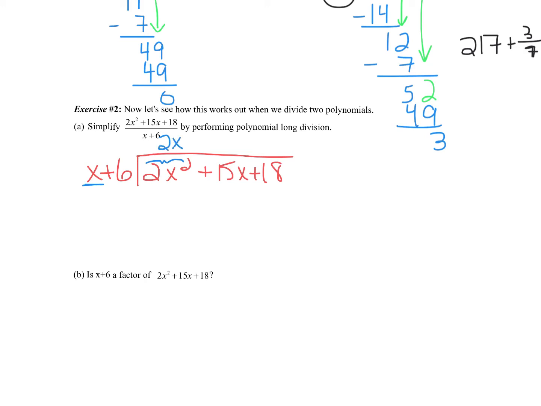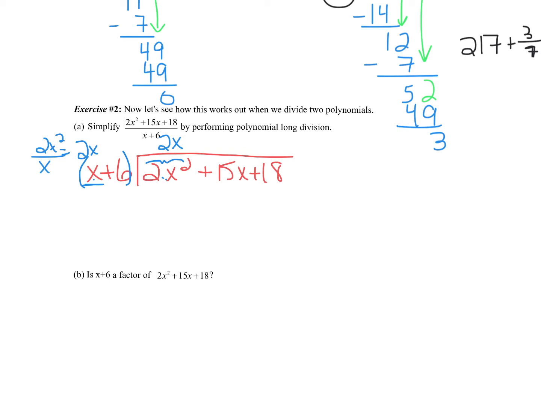If I have trouble figuring that out, I can write 2x squared divided by x on the side. So I can take this and divide it by that, and I can see that if I canceled, that would give me a 2 and an x left. So that's where the 2x comes from. Now from here, everything's pretty similar. So whatever I write up top, I'm going to take this entire piece and multiply it by that.